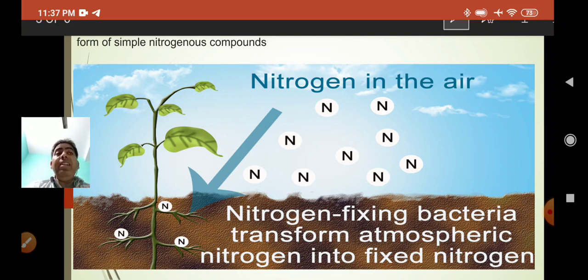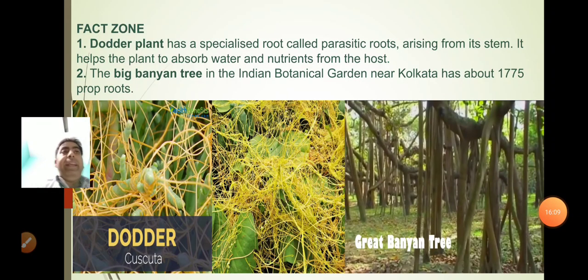The plants that contain root nodules are called leguminous plants. Which plants contain root nodules? Beans, groundnuts, pea, moong, urad. These plants are called leguminous.